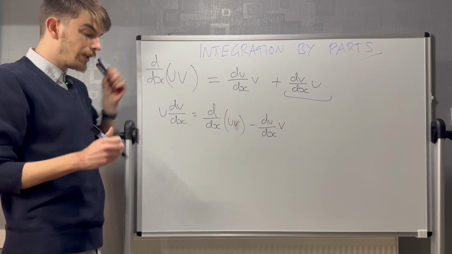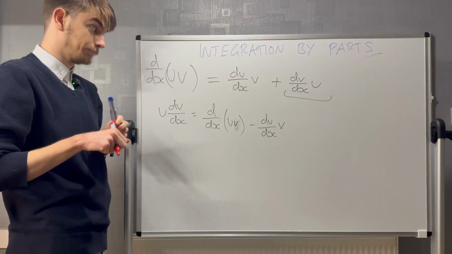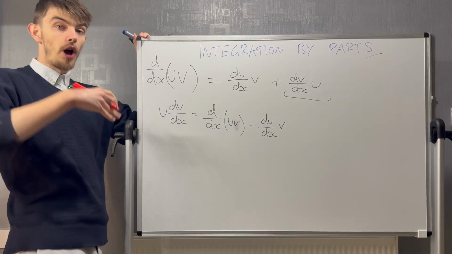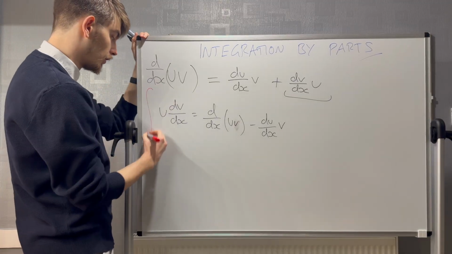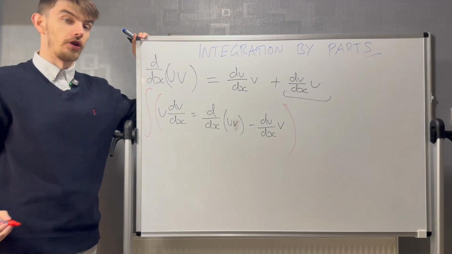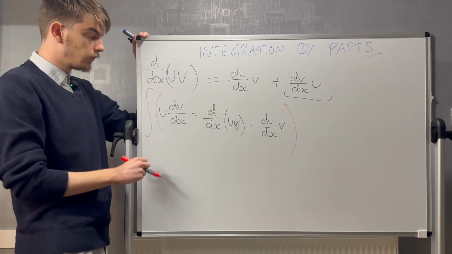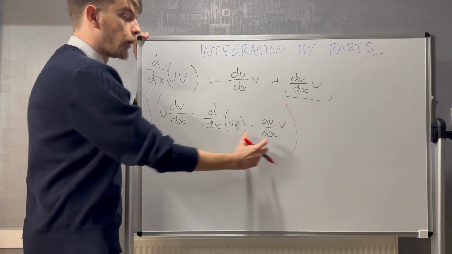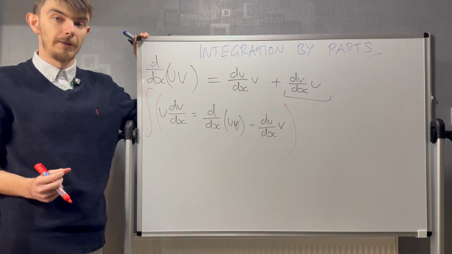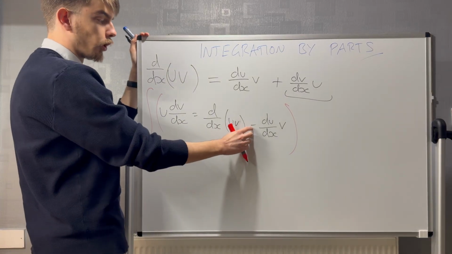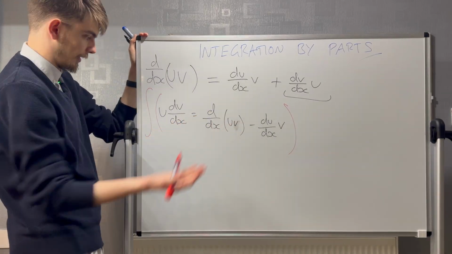Now I'm going to integrate the entire thing. So I'm going to put a massive integral sign over the entire equation. Luckily, whenever I do this with an integral sign, I can simply integrate each component separately, right? I can do that because all I've got going on are pluses and minuses, or only minuses.